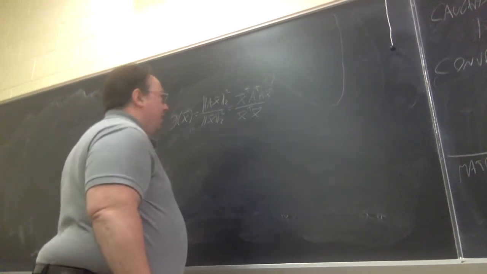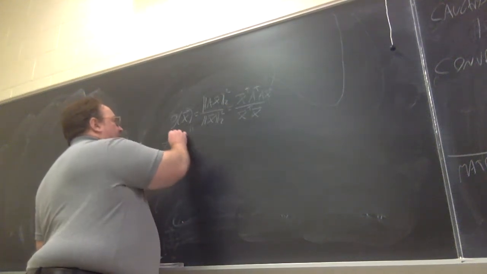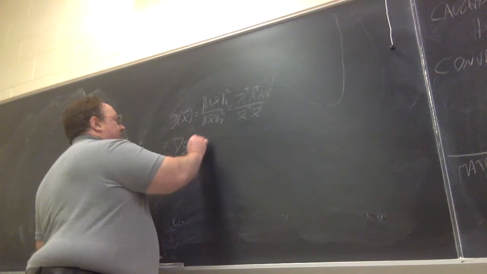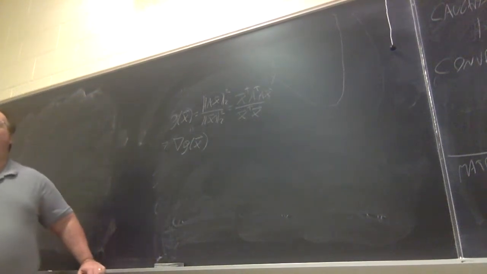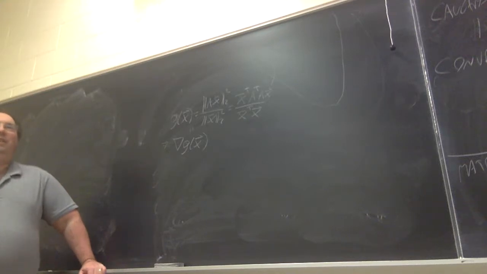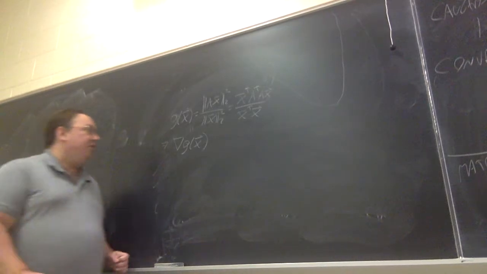That would involve the quotient rule. So the gradient of g of x, because it's a function of n variables, of the components of x. A function of one variable is at a maximum when its derivative is 0. A function of n variables has a maximum or local maximum or minimum possibly when its gradient is 0.